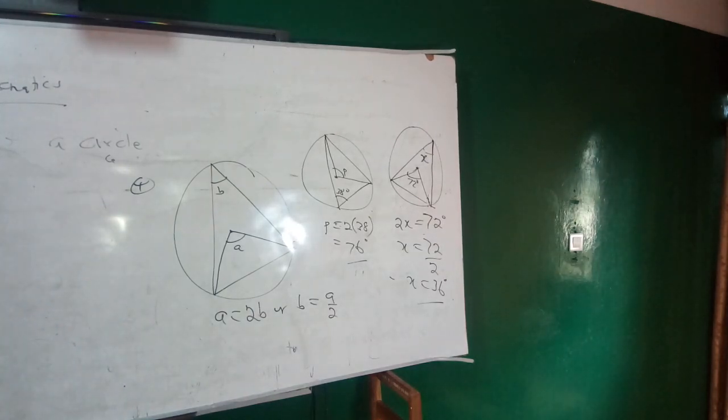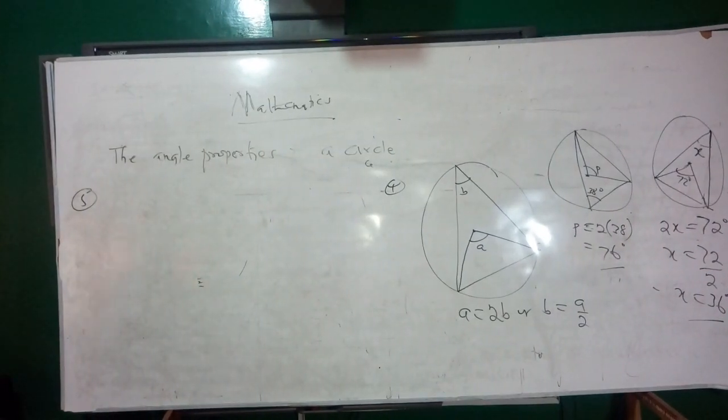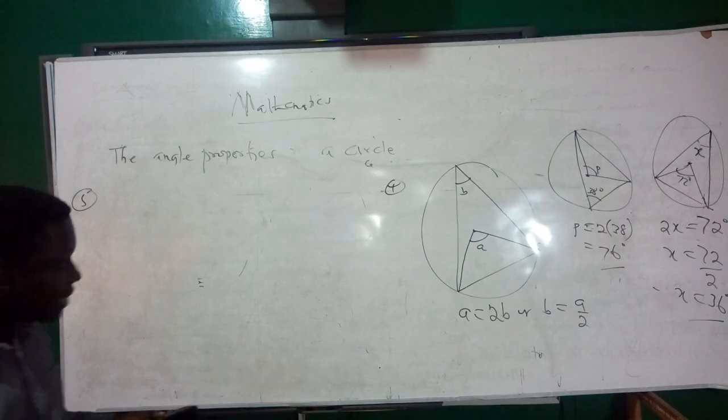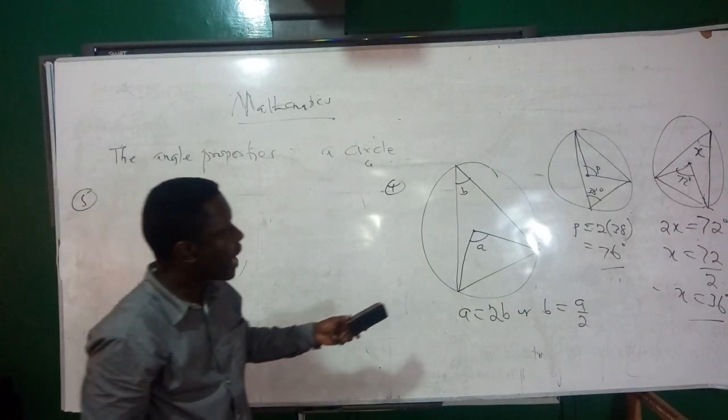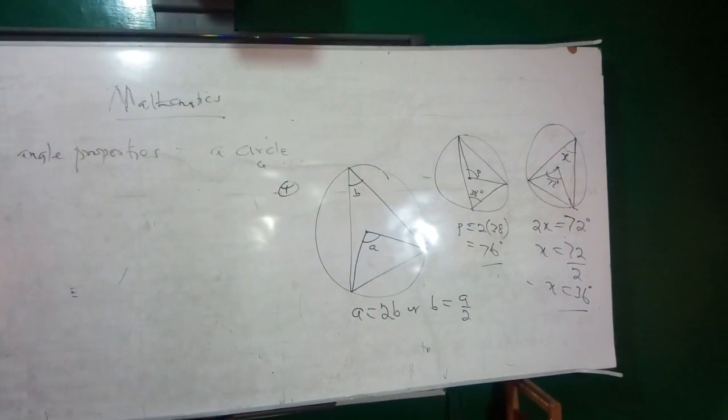Now, property number 5 is more or less an extension of property number 4. You notice that we said the angle formed at the center is supposed to be twice the angle at the circumference.